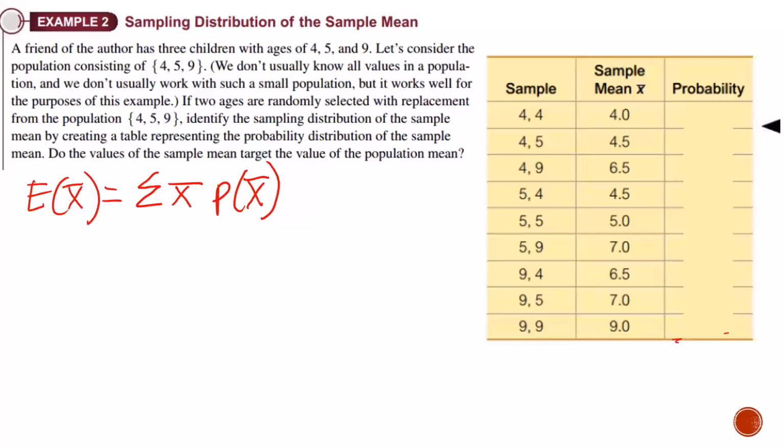How many different possible samples are listed there? 9. So each of them has a probability of 1/9. So P of X for each of them is 1/9. Since I'm taking each of these sample means, multiplying by 1/9, and adding them together, we could factor out that 1/9.